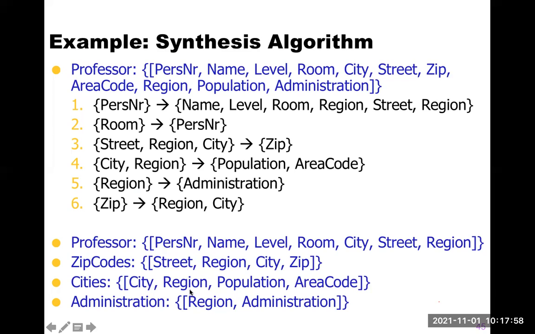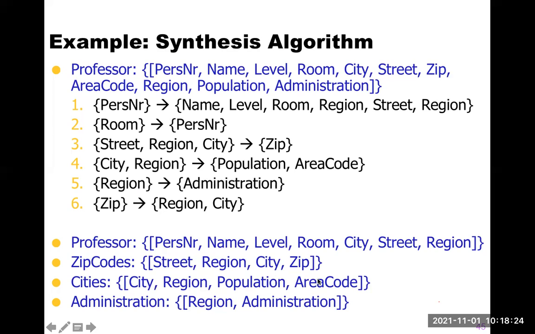Cities: city and region, population and area code, and we see here that population and area code are non-key attributes that don't belong to a key. Let's check. Population depends on the whole key. Area code depends on the whole key. Is there a population to area code dependency or back? No, we don't have such a dependency in the list. So okay, great.